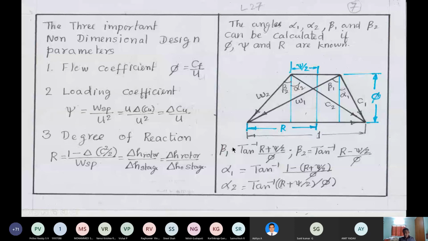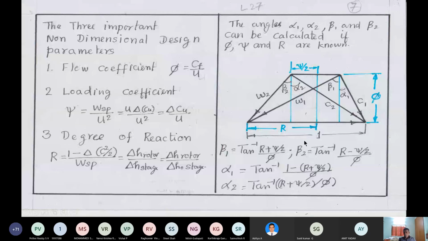Now look at the first equation, how we get beta 1. So tan beta 1 will be this side up to this, that is R plus some additional portion, which is psi by 2. I'm sorry, it is half of psi.